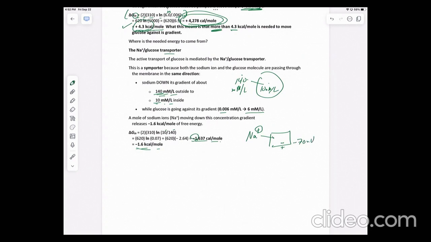So I have another force helping pull the sodium into the cell. And if the electrical force is pulling sodium into the cell, you can find out how much energy is being released. Again, I can calculate the Gibbs free energy, but I'm dealing with electrical forces.